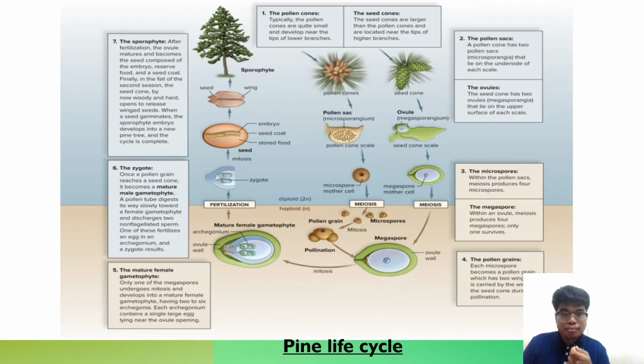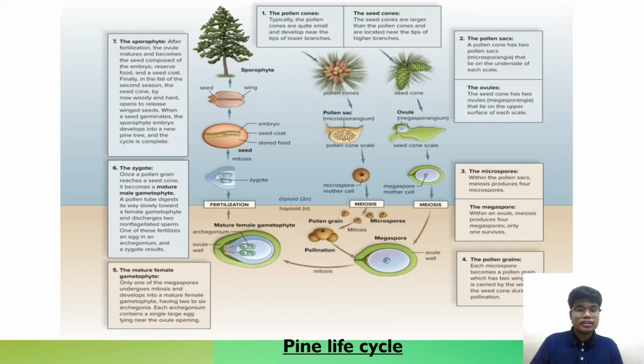All 4 microspores will develop to become pollen grains, which have two wings and are carried by the wind during pollination. The one megaspore will undergo mitosis and develop into a mature female gametophyte, having two to six archegonia. Each archegonium contains a single large egg lying near the ovule opening.